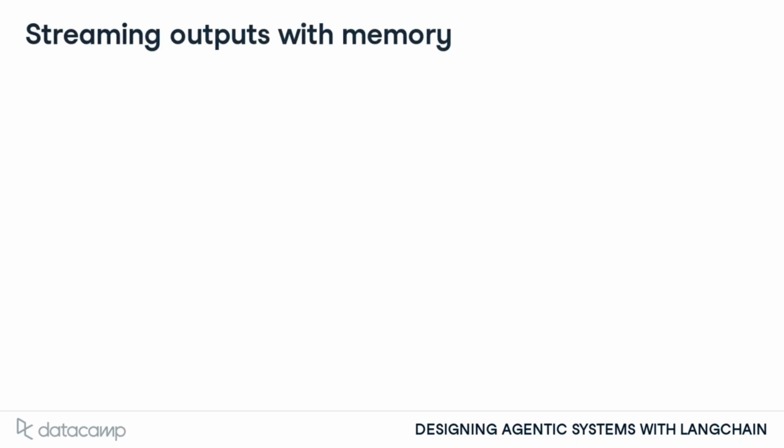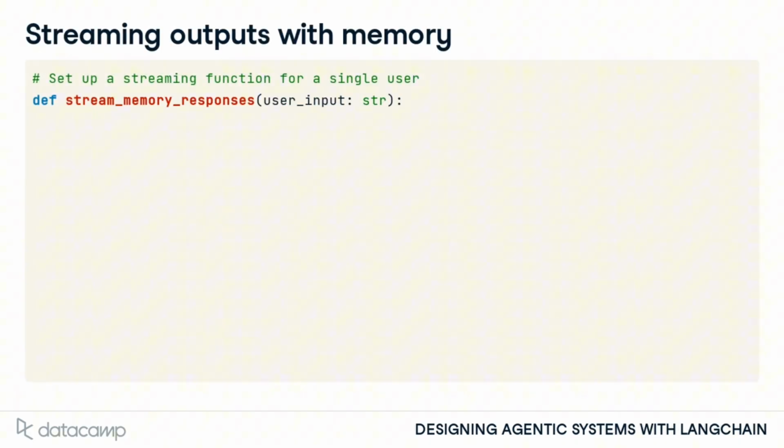To set up a chatbot that remembers context, we'll define a streaming function called stream memory responses for a single conversation. First, we'll create a config dictionary with a unique thread ID, single session memory, which lets us maintain message history.